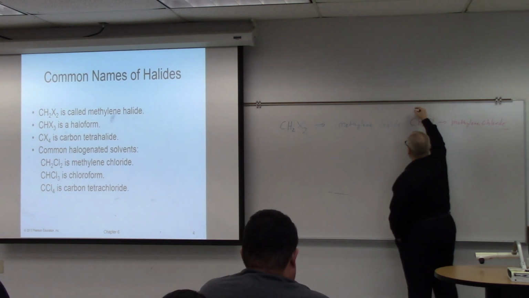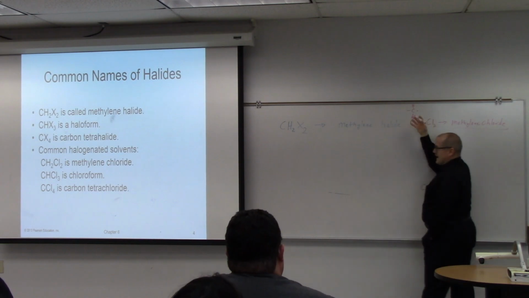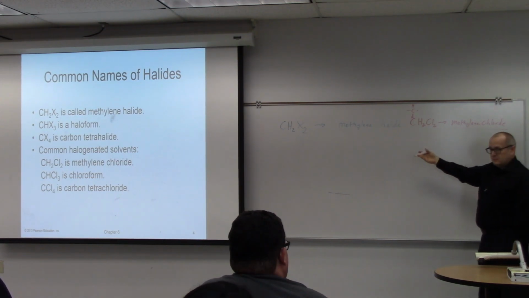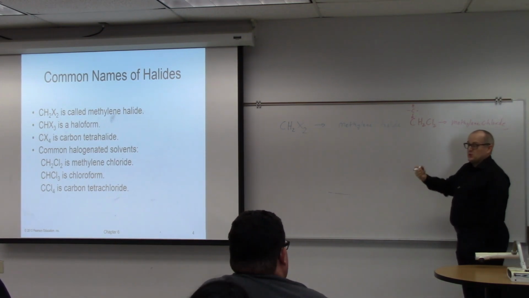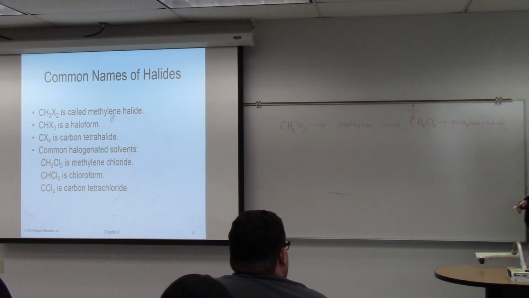Just so you know, a CH2 group with anything attached to it, doesn't have to be chlorines or bromines, a CH2 group with anything attached to it, those are called methylenes. CH3 is methyl, CH2 is methylene. CH1 is methine, just so you know.